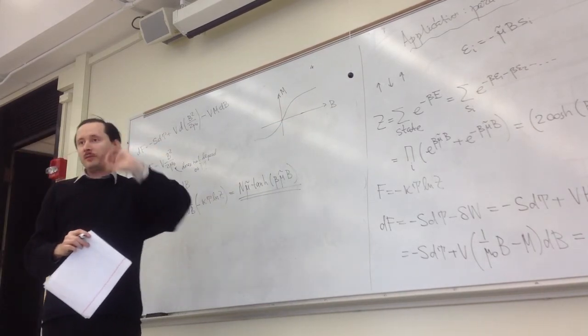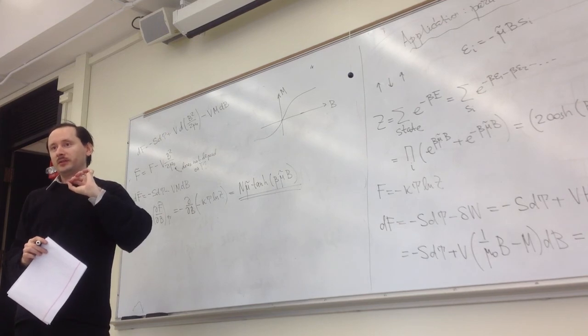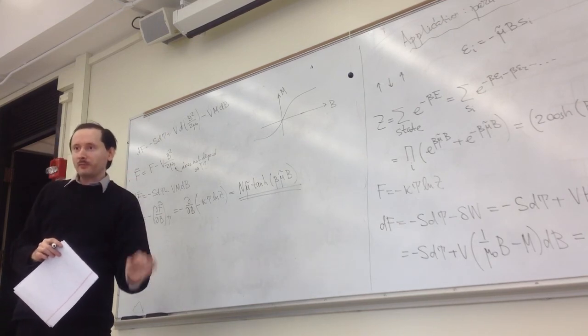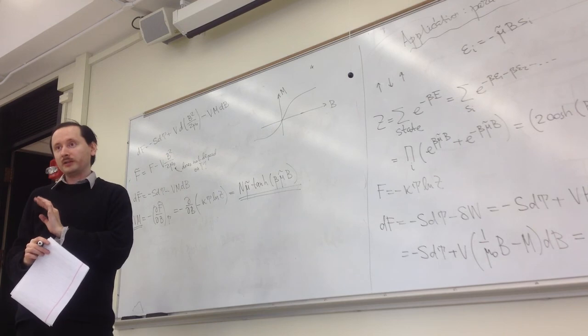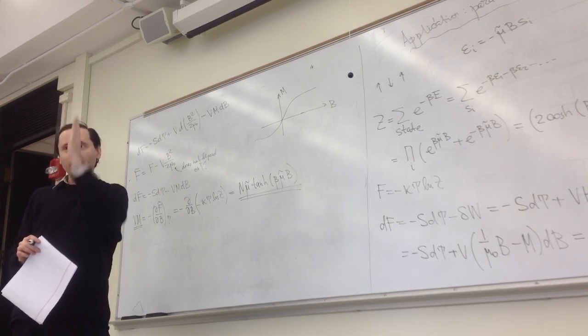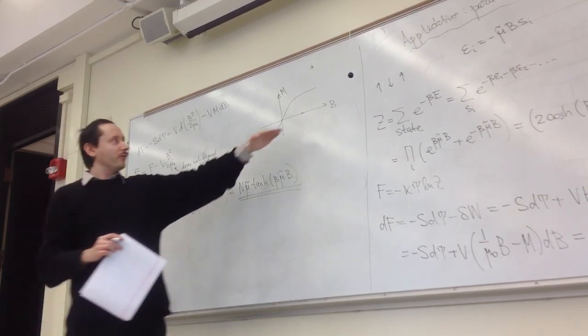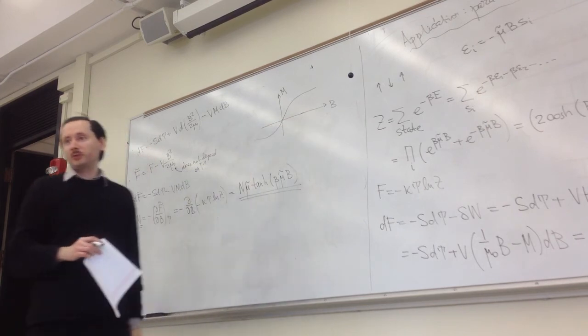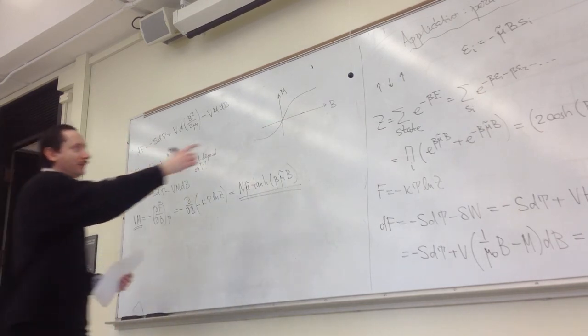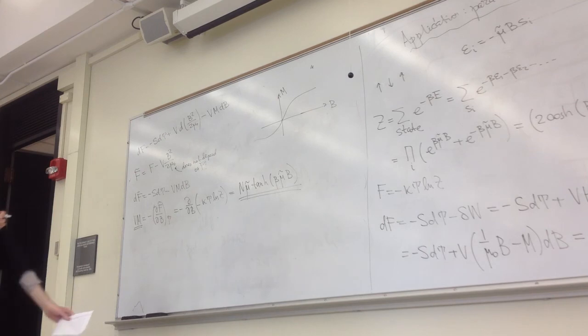For a given value of the B field, there is only one magnetization. That's how the paramagnet is different from a ferromagnet. For ferromagnets, for a given value of B field, you would have different magnetization. For a paramagnet, there is one-to-one correspondence. Every value of the B field gives me a given magnetization. Okay?